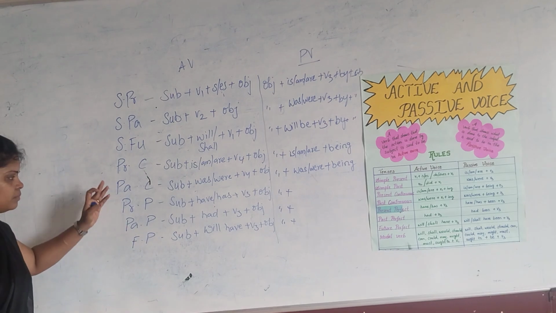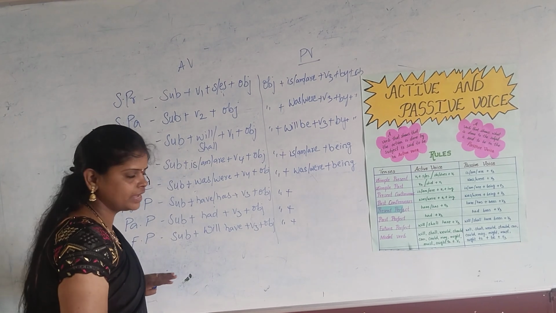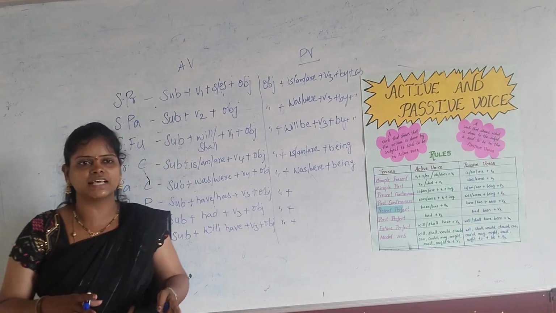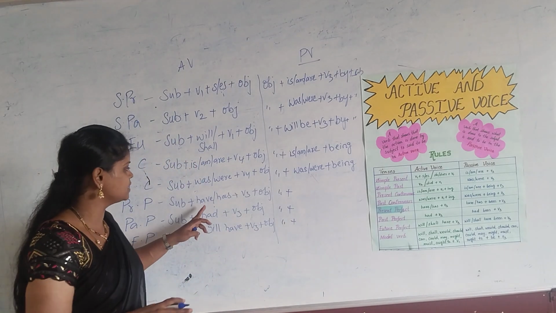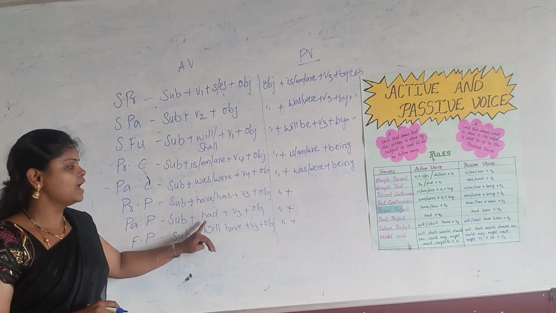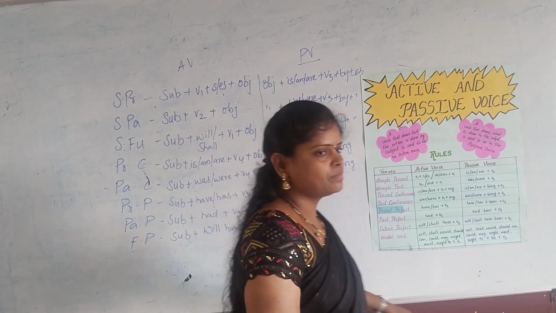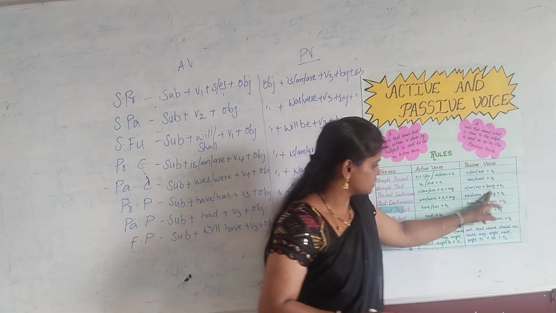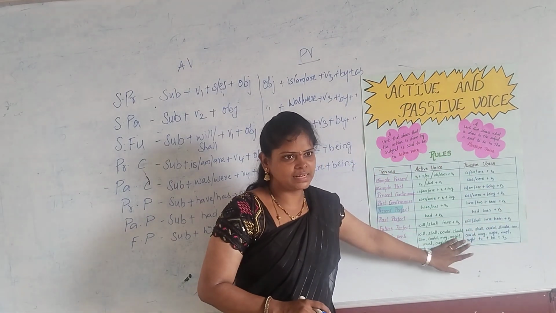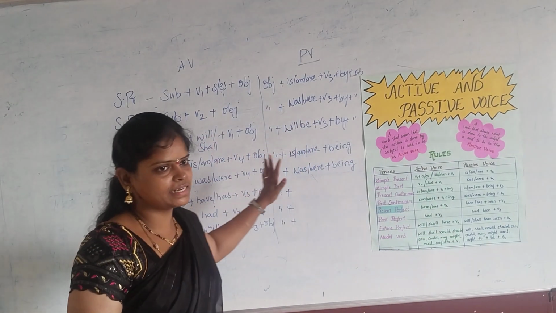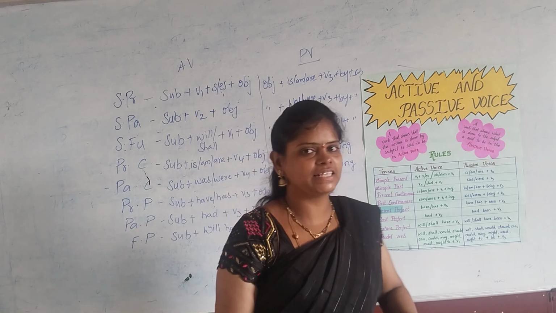And in present perfect, past perfect and future perfect, we use the same as in present perfect continuous, past perfect continuous and future perfect continuous: have or has plus been, had plus been, will have plus been, plus V3 plus object. These are the structures I have already written here. Using all these, we can frame the sentences from active to passive voice.